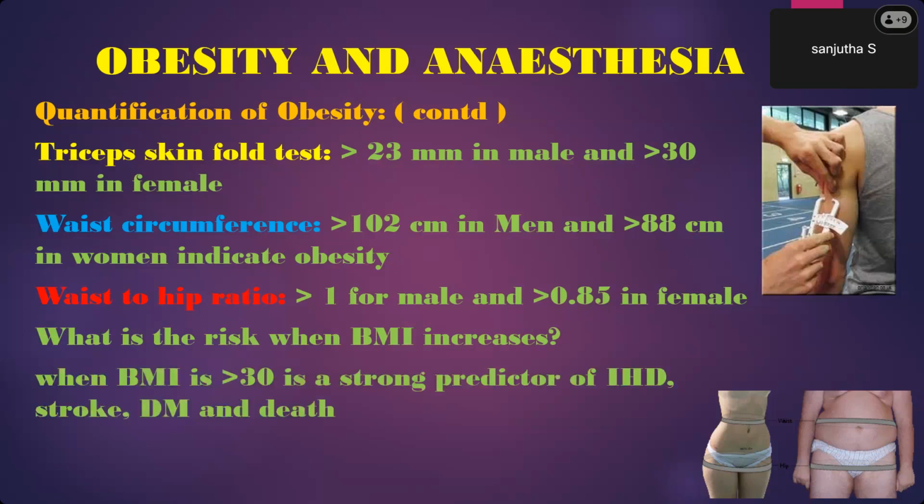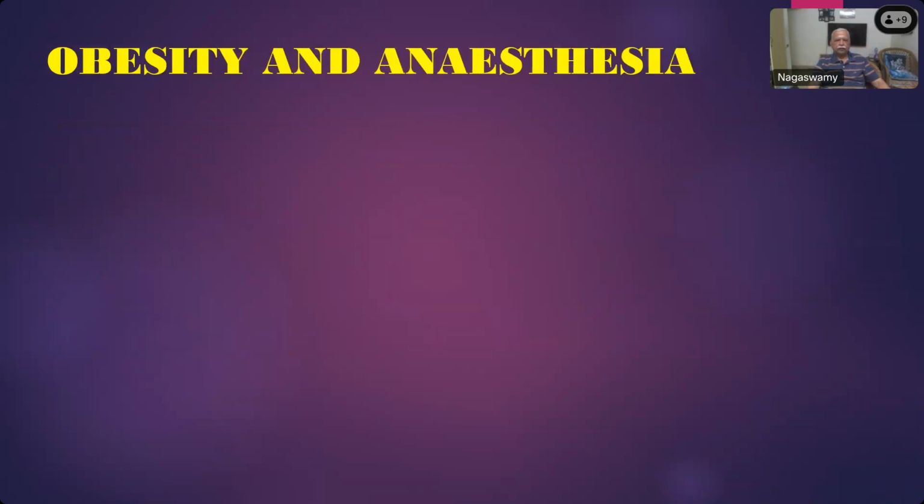When BMI is more than 30, it is a strong positive predictor of ischemic heart disease, stroke, diabetes mellitus, and even sudden death. So all these risks are there if the BMI is more than 30. That is the reason why you have to take care that you don't cross the point of 30.